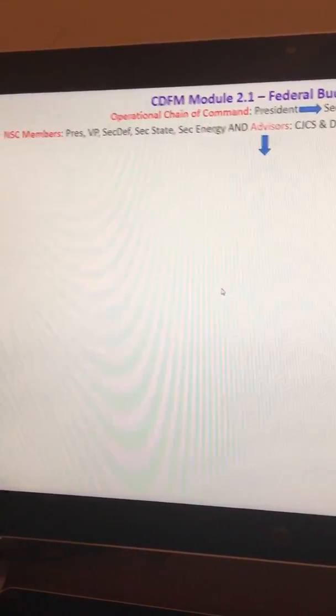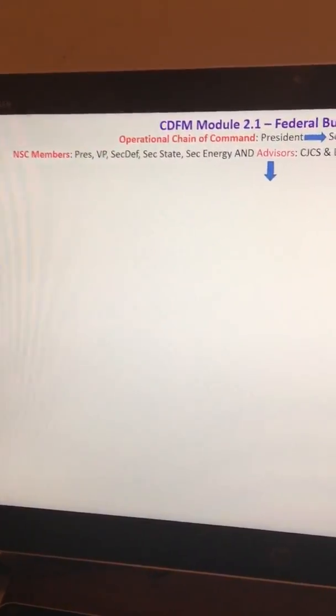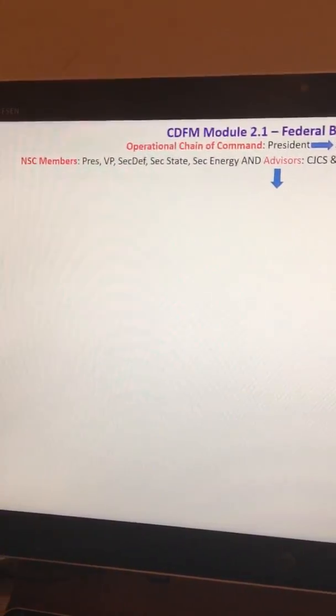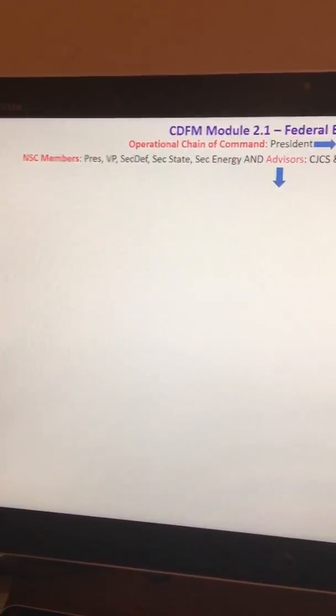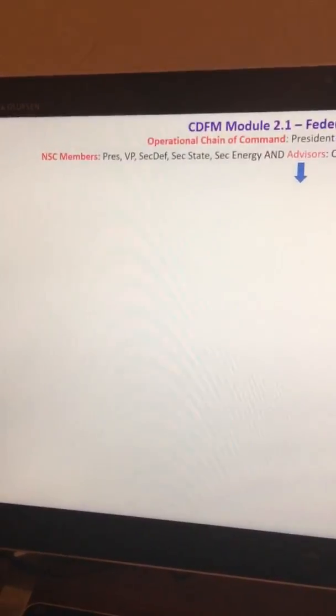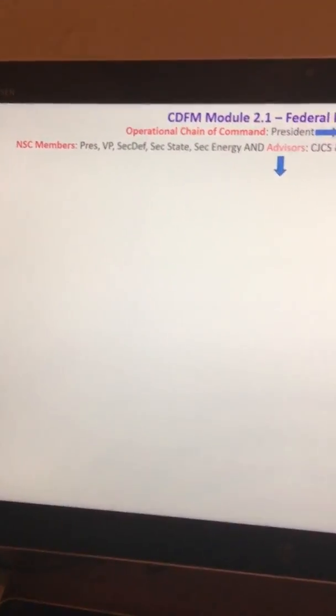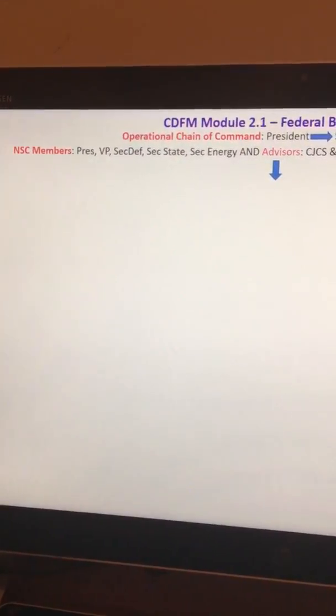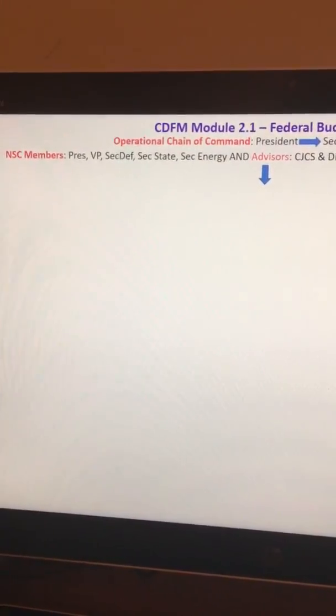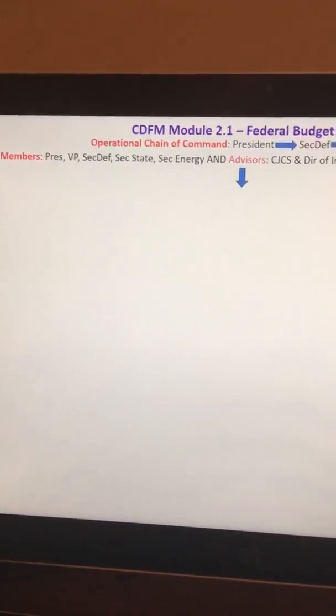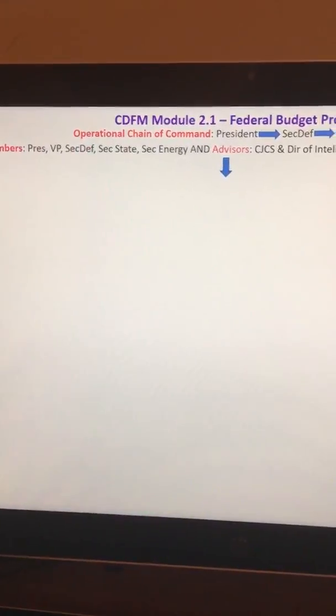The next thing you want to understand is that everything starts off with the national security strategy. So first thing, the National Security Council is made up of the president, the vice president, Secretary of Defense, Secretary of State, Secretary of Energy and Water.